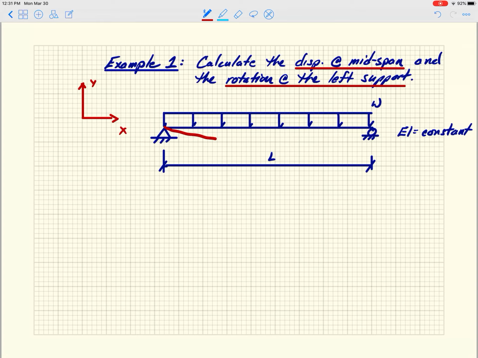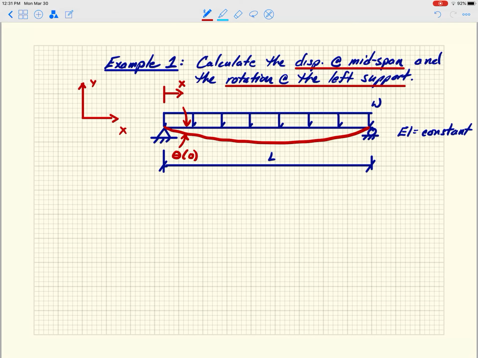So if I were to draw the deformed shape, it would look something like that. And this rotation here, we would call theta of 0, and I'm assuming that I'm going to take x from this side.